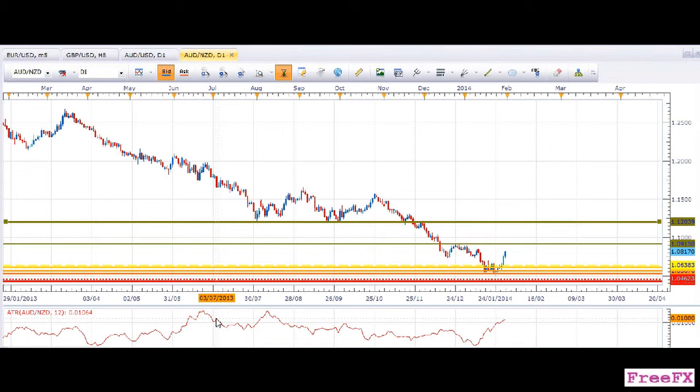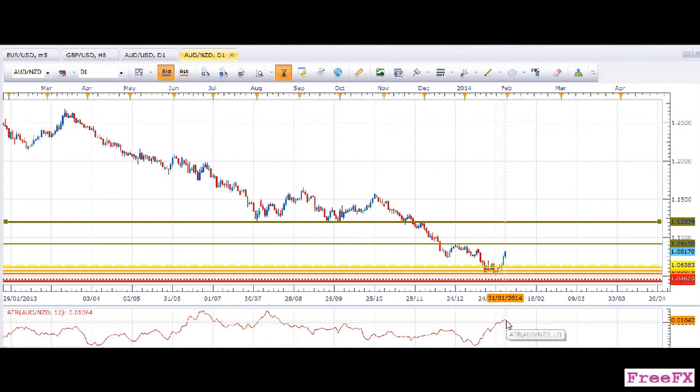Yes, back in July of 2013 we were around this level. And yep, that's it. And then we haven't quite been up to that level since. So we're actually in a kind of new situation, if you like, in terms of volume, sort of range, okay, not level of overall price.